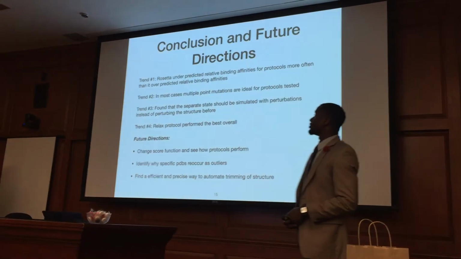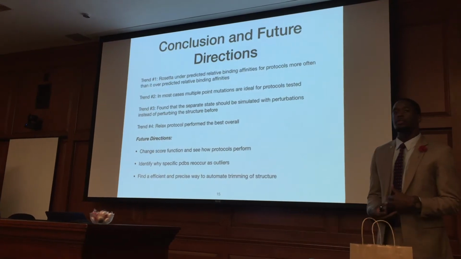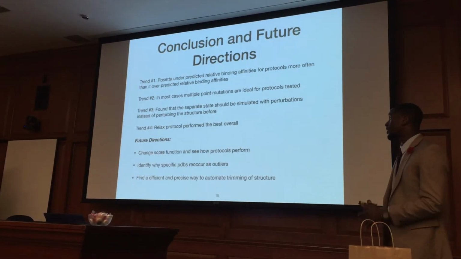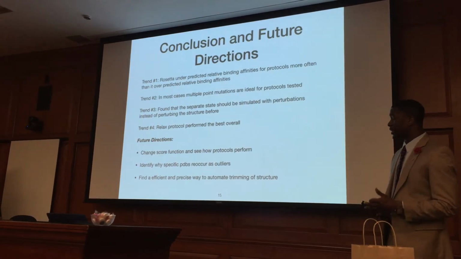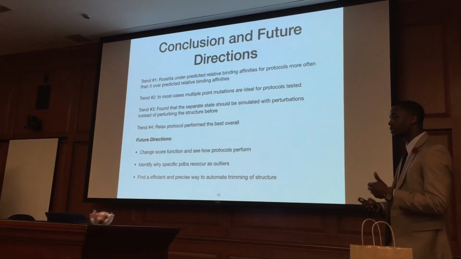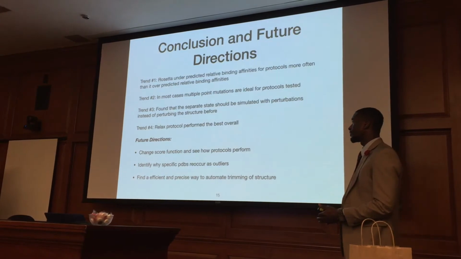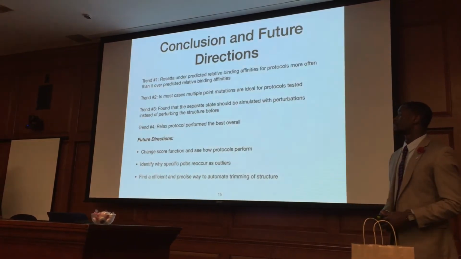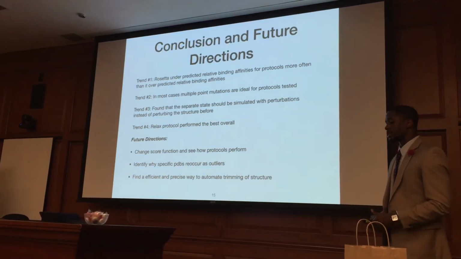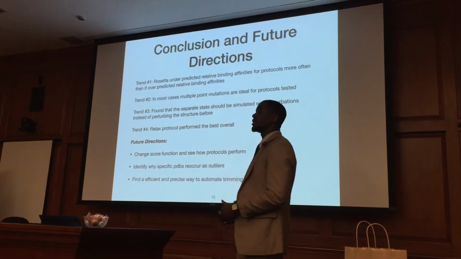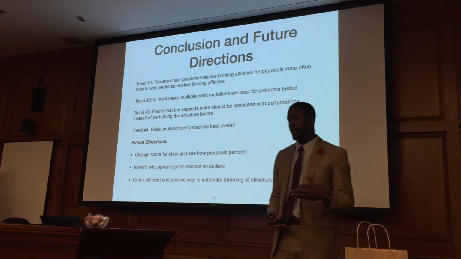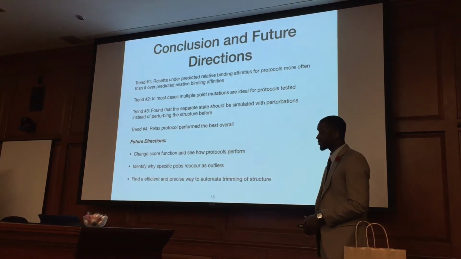To conclude, we found four overall trends. First, Rosetta under-predicted at a higher rate than it over-predicted for the protocols that we tested on the data set. We also found that in most cases, the Rosetta protocols we used better predicted multiple point mutations compared to single point mutations.